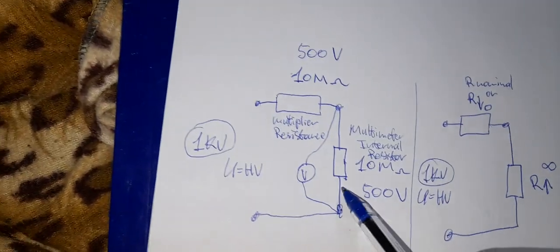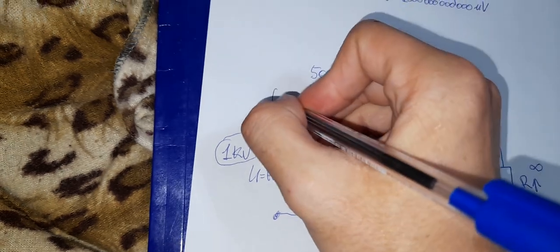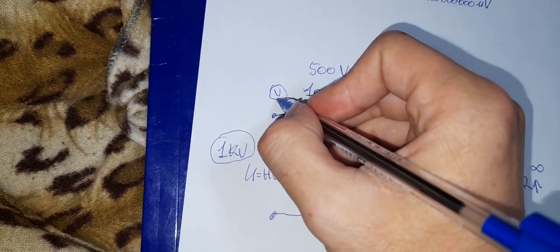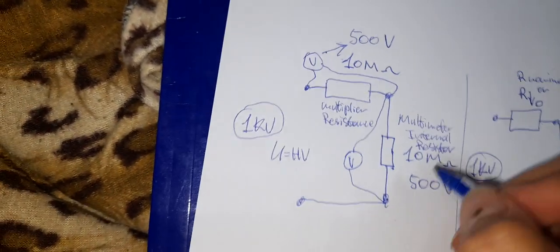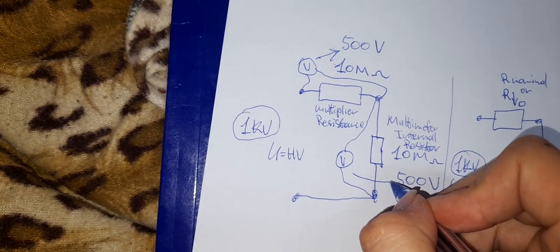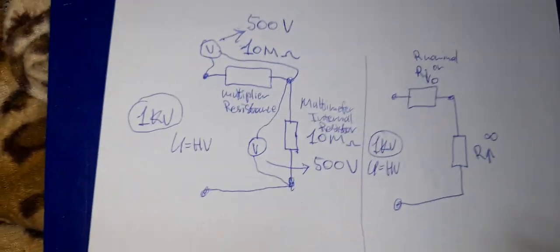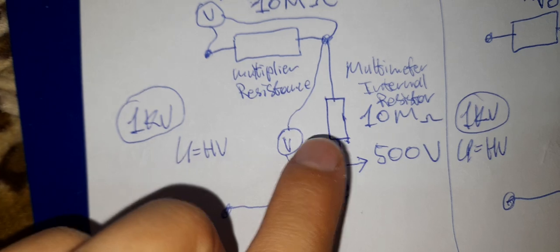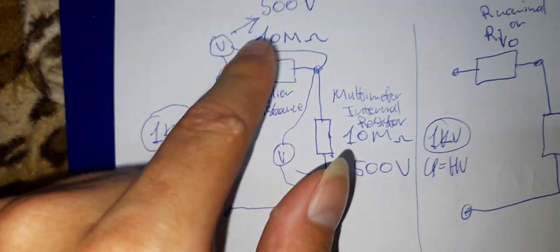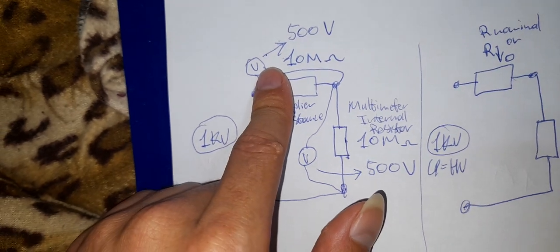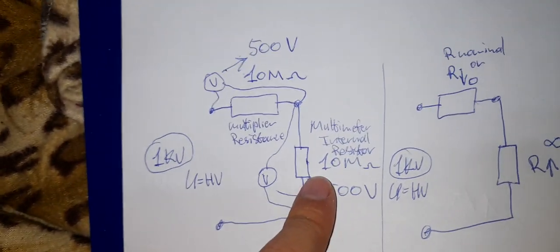As you can see here, this resistor limits this. Draw another voltmeter here. So this will read 500. Also this here will read 500. So if we raise the resistance here, we lower the voltage here and raise the voltage here.